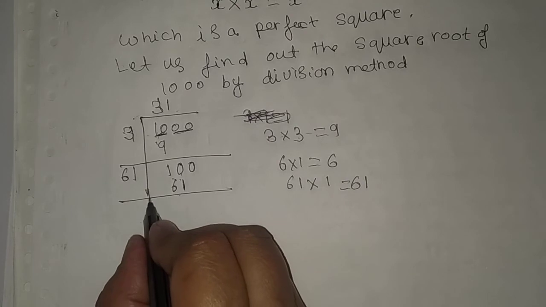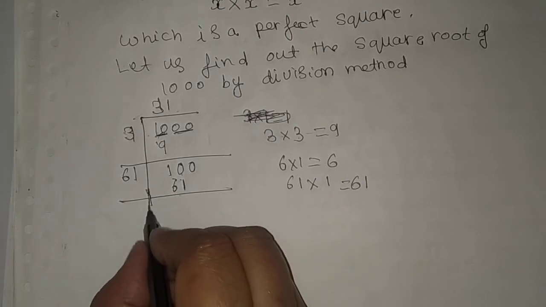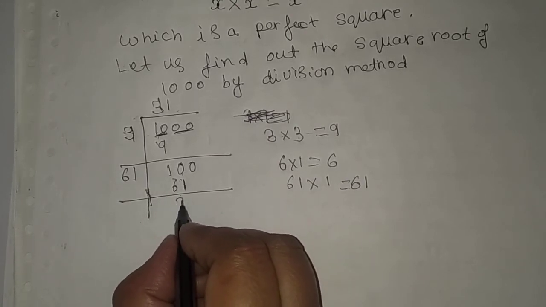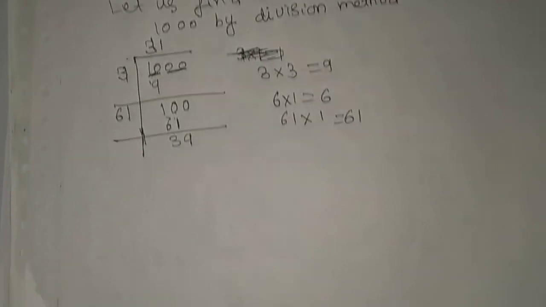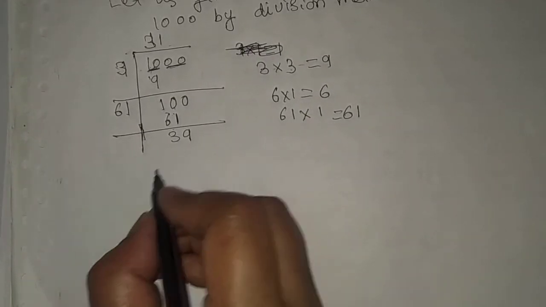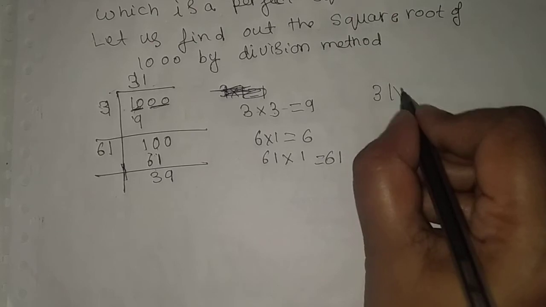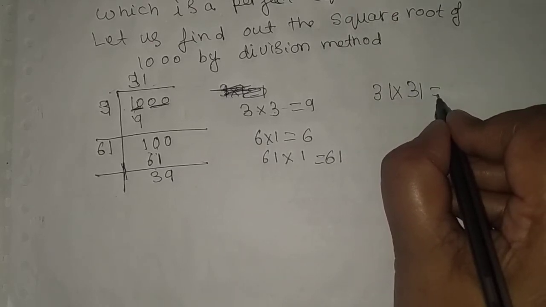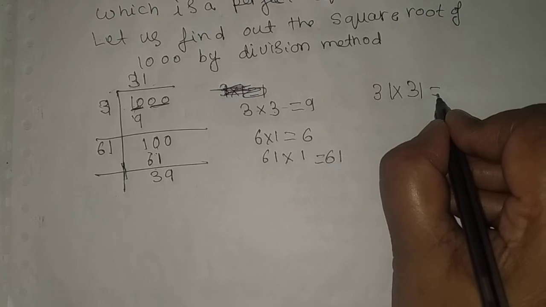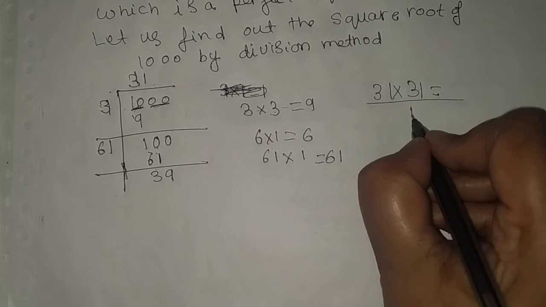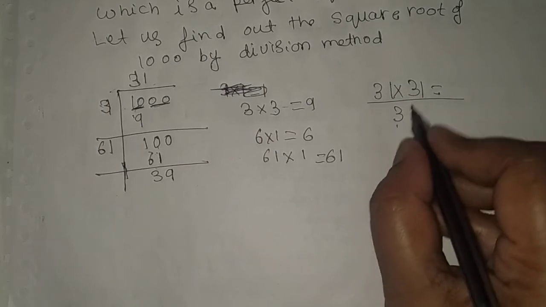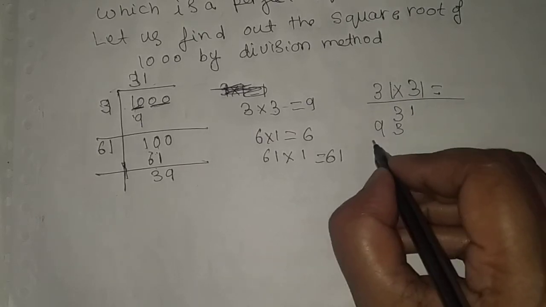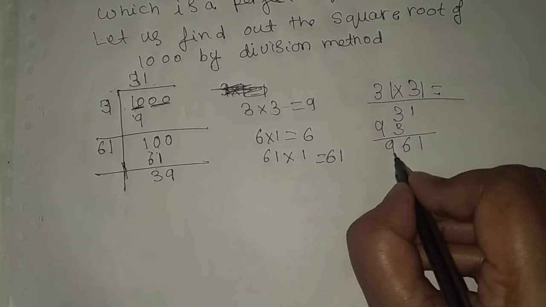What is the remainder here? That is 100 minus 61 will become 39. Therefore square this, that is 31 into 31 is equal to how much are we getting?